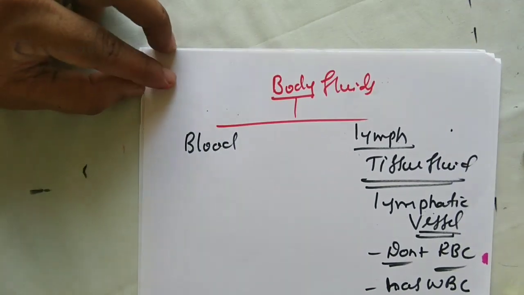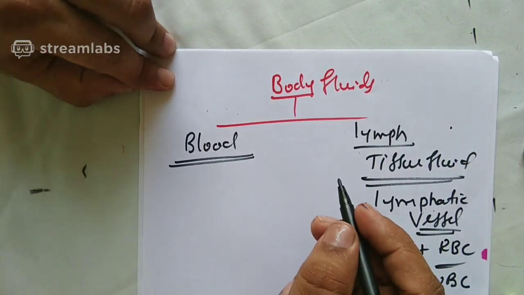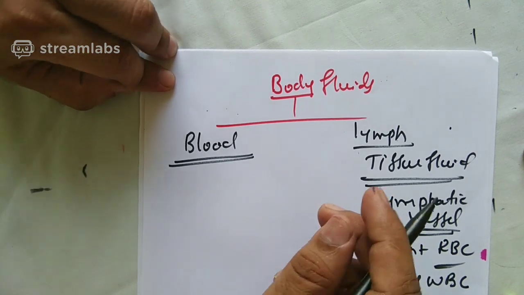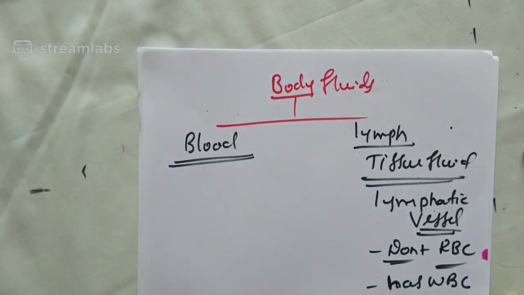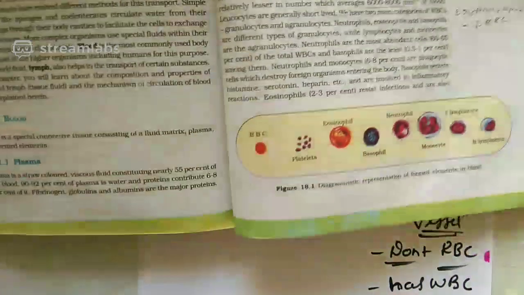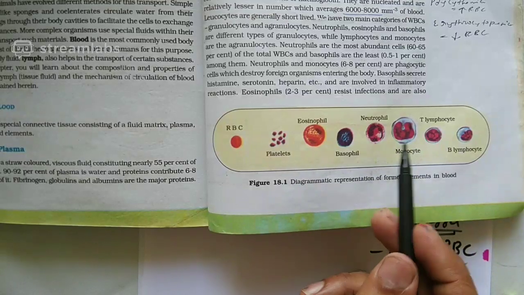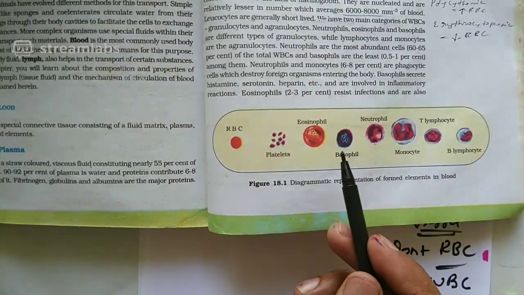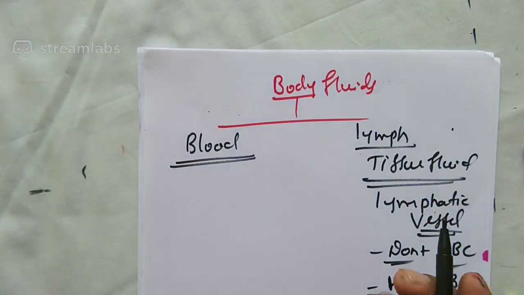Then blood, students, I will not be discussing more about blood. It's a memory oriented aspect. I want you to note down all the aspects regarding blood, all these structures, granulocytes, all these aspects.